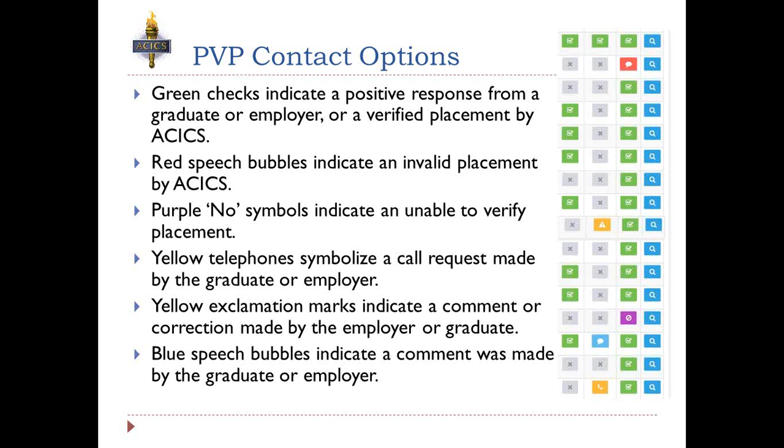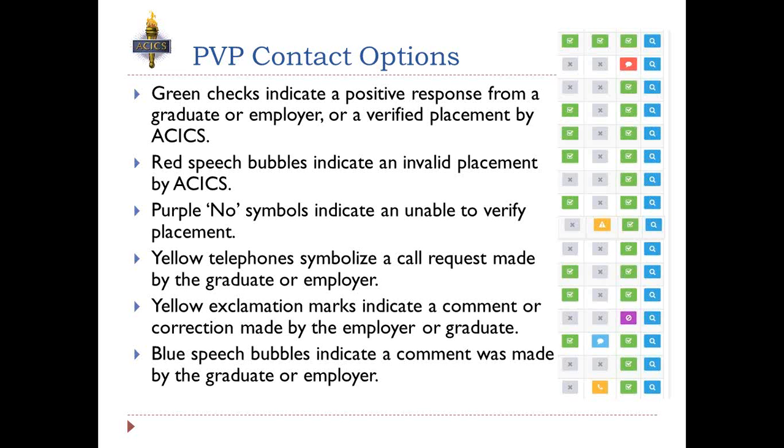Thank you, Connor. So as you can see, of course, if it is a red speech bubble stating that it's an invalid placement, either by the graduate or employer, that of course would not count as a valid placement and would not be able to be included within your campus accountability report as such.